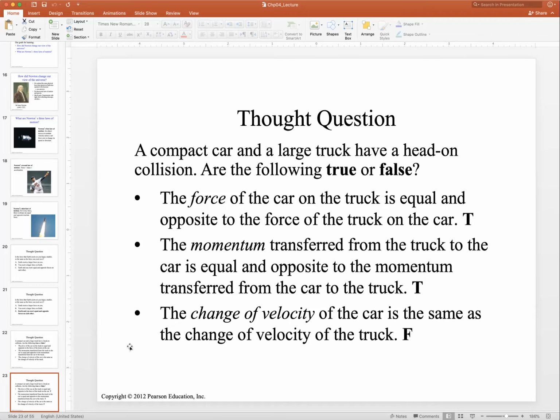So these two are true, but the last one is completely false. Why? The change of velocity of a car is not necessarily the same as the change of velocity of the truck. The momentum transfer is equal, yes, but since the mass of a car and the mass of a truck are different, the change of velocity is not the same.